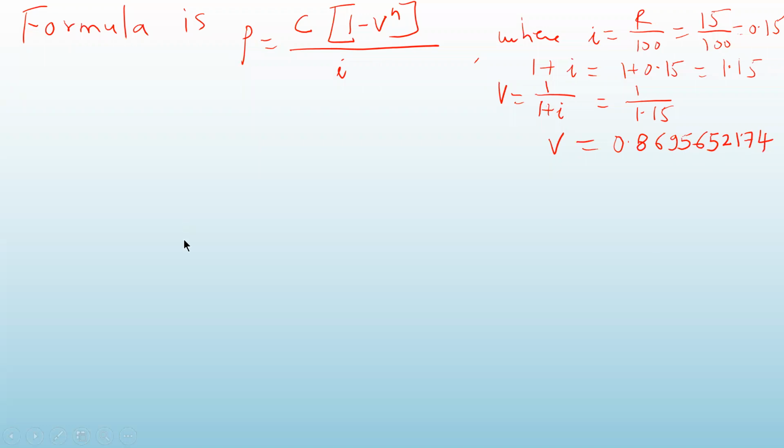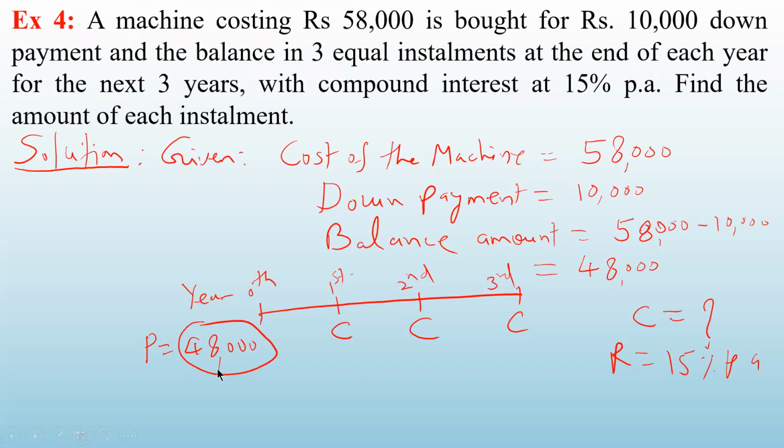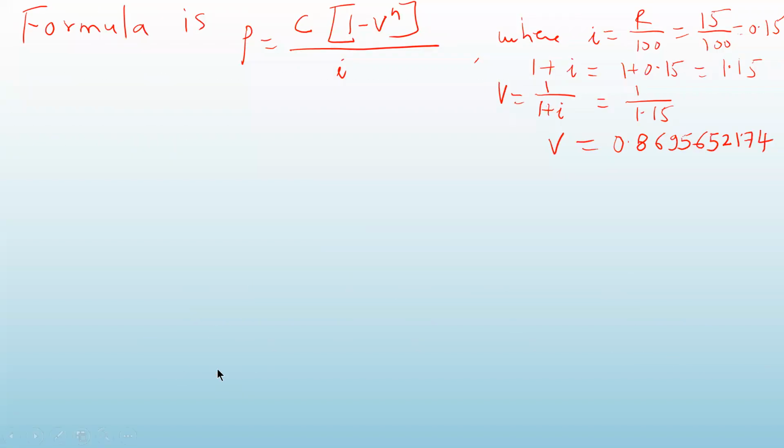What is the value of P? P is 48,000, correct? So you put the value of P as 48,000 here.